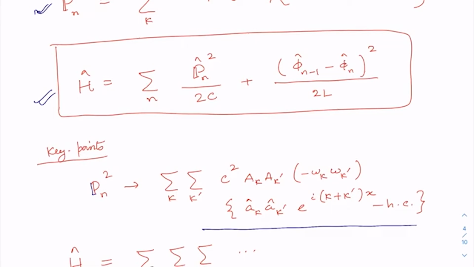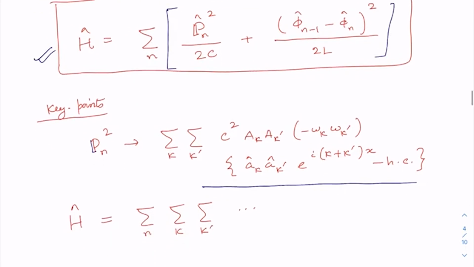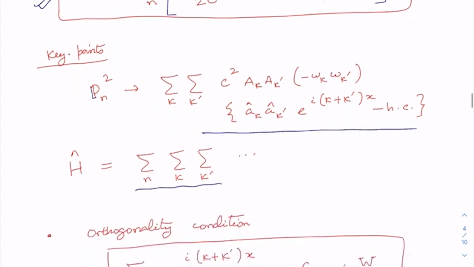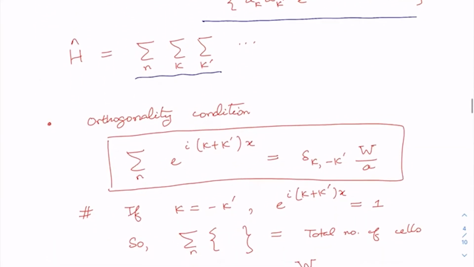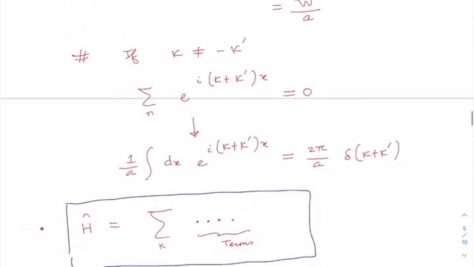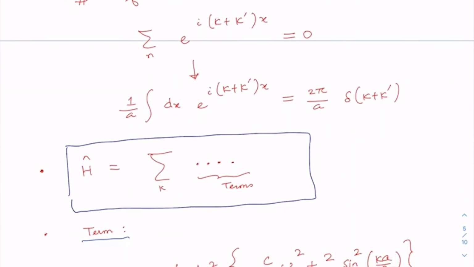Because the Hamiltonian is already summed over n, there are effectively three sums, but this can be simplified further because of the orthogonality condition that we discussed. Because of this orthogonality condition, the Hamiltonian has only one sum, that is the sum over k. So there will be various terms.